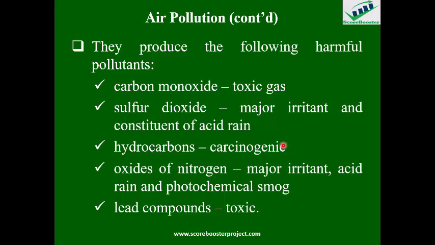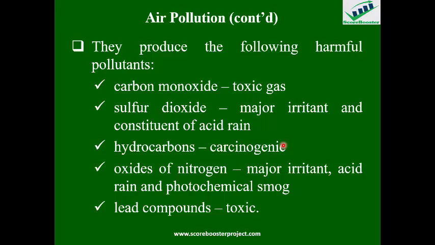Sulfur dioxide is a major product from oil, gas, and heavy chemicals, and it is a major irritant and causes acid rain. Hydrocarbons are carcinogenic, which means they cause cancers. There are many oxides of nitrogen, like nitrogen monoxide, dioxide, and trioxide.